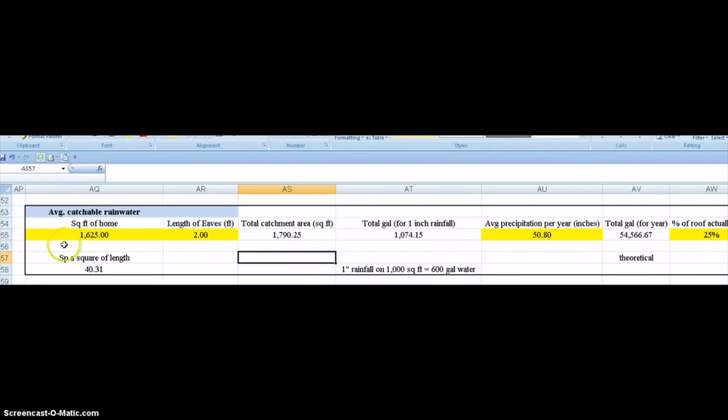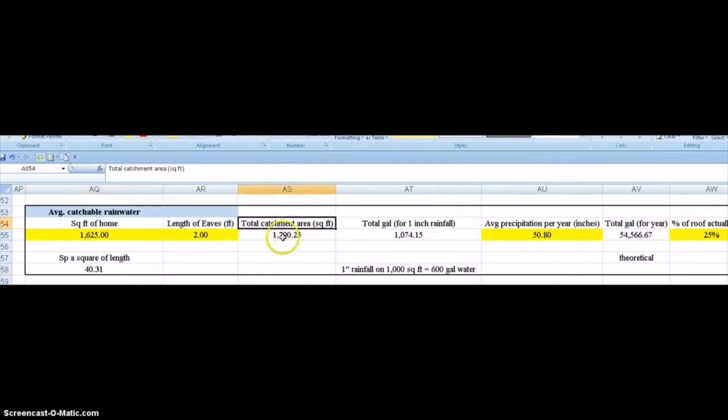So just for purposes of the math, I take the square footage of my house and take the square root of that. This SP is just my shorthand for assumes or suppose. So if I take 1625 square feet, that's the same thing as saying my house is like a square of length 40.31.